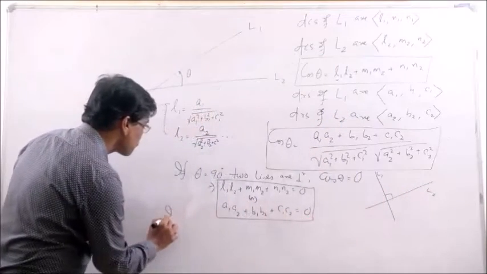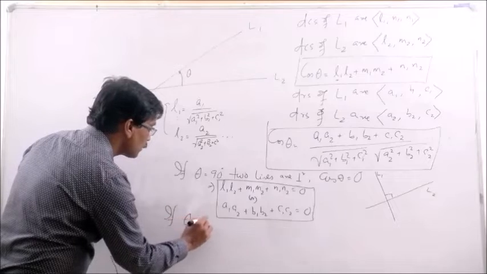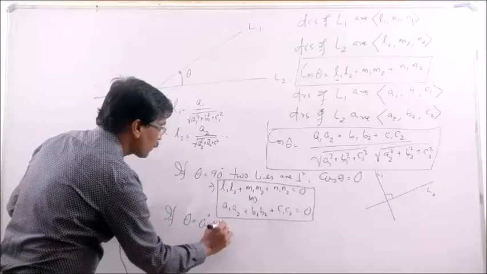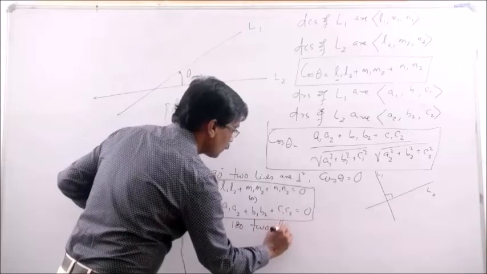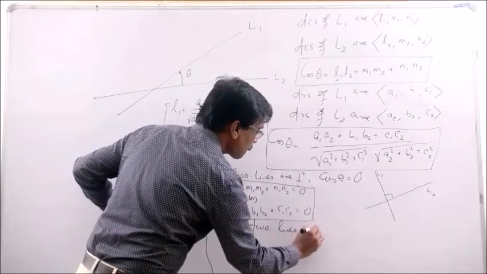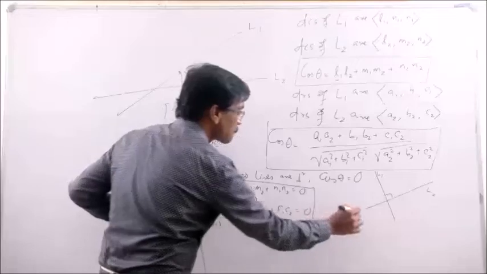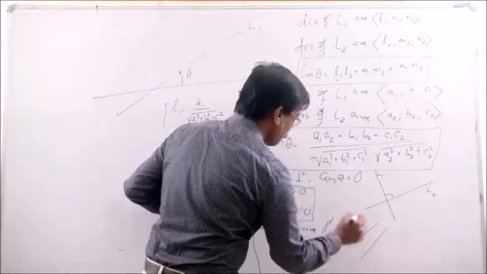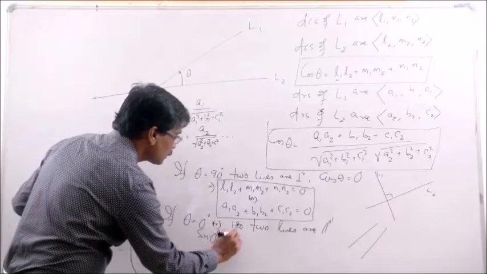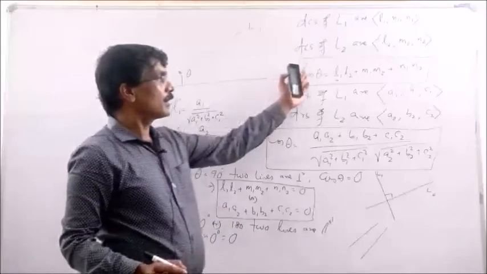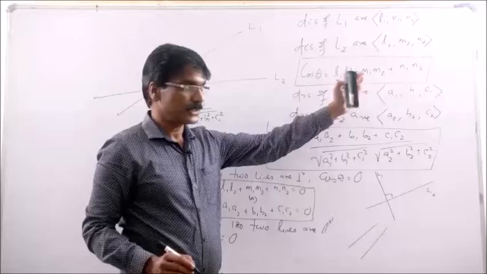If theta is equal to 0 degree or 180 degrees, then two lines are parallel. Then sin 0 is equal to 0. So, we can convert from cos theta to sin theta.